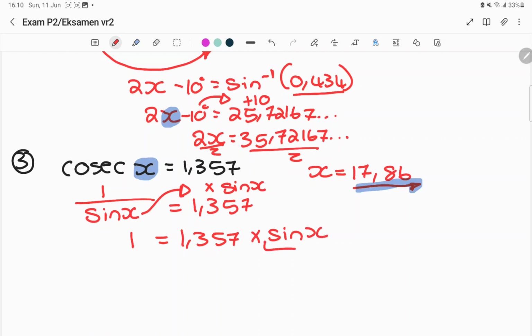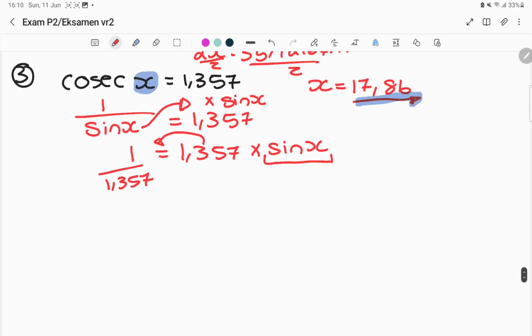Now to get my sine x part alone, I have to take this part over, and because it's multiplying, it's going to divide on this side. Alright, so I'm going to say 1 divided by 1.357, and that will give me 0,73619, etc. equals to sine x. Then I'm going to take over my sine.